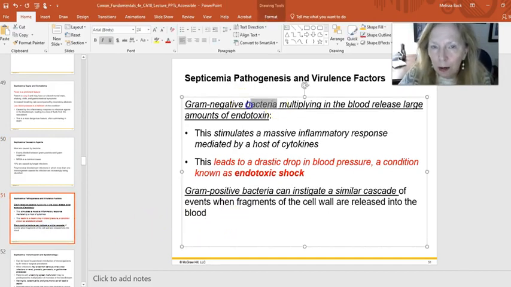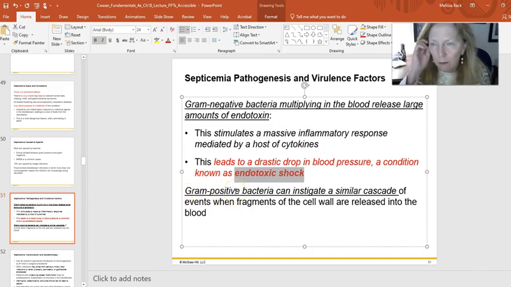When bacteria are involved and they are gram-negative, it can lead to what's called an endotoxic shock. Gram-negative bacteria produce an endotoxin, and so when this endotoxic shock happens, it's massive, it's fast, and a high mortality rate, even with the best medical care.